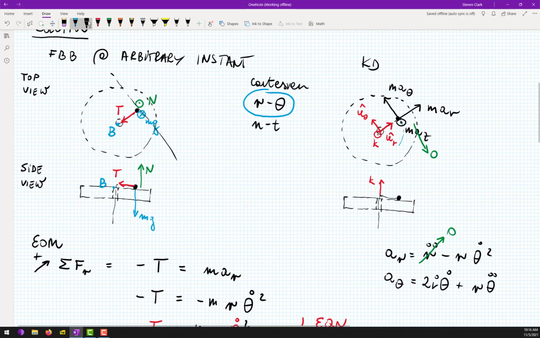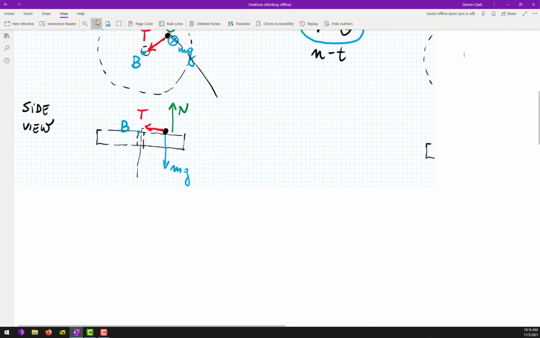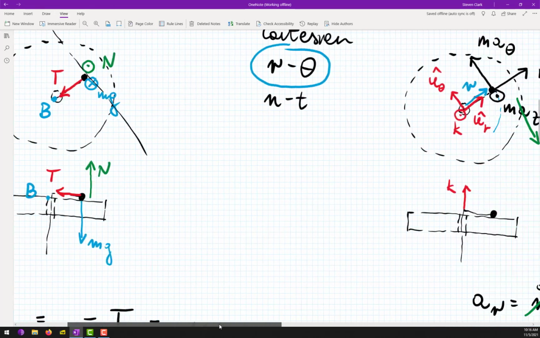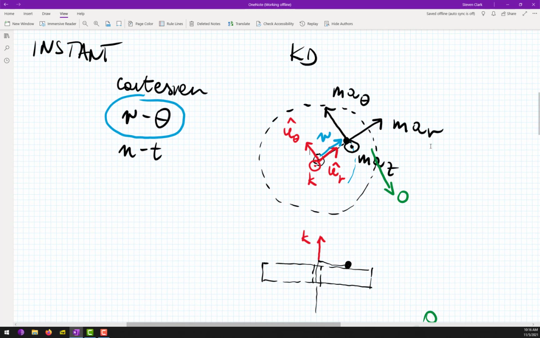Yeah, so the blue vector is R. If you look at this drawing, please express the blue vector in the red coordinate system.